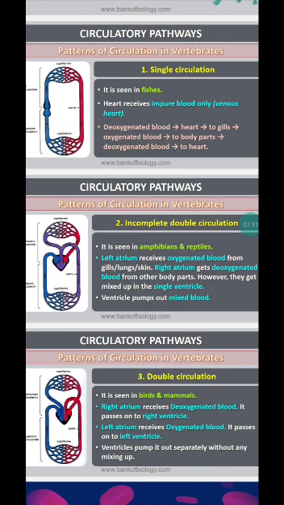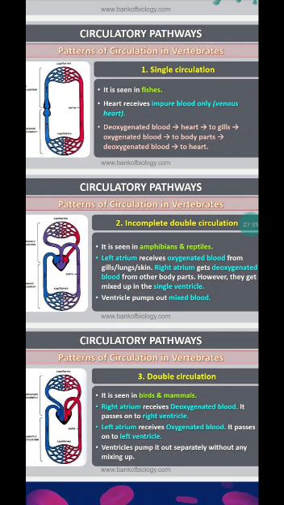Okay, and from the right ventricle, which is now deoxygenated, one vessel goes to the lungs to get oxygenated. And the other ventricle pumps out separately without any mixing up.